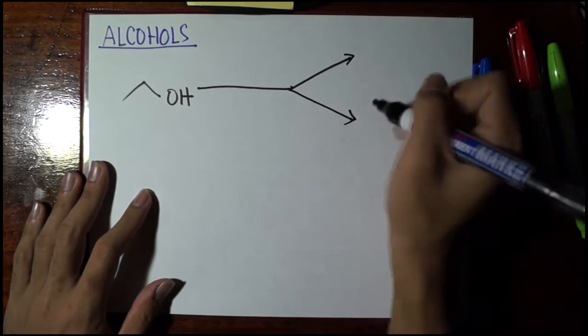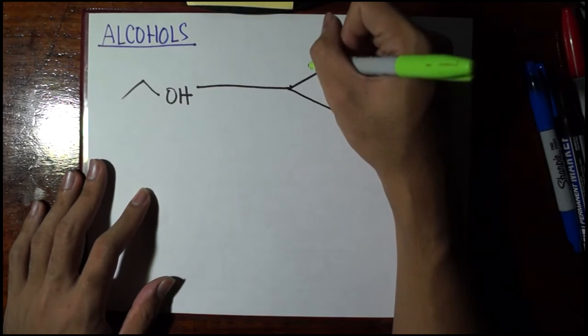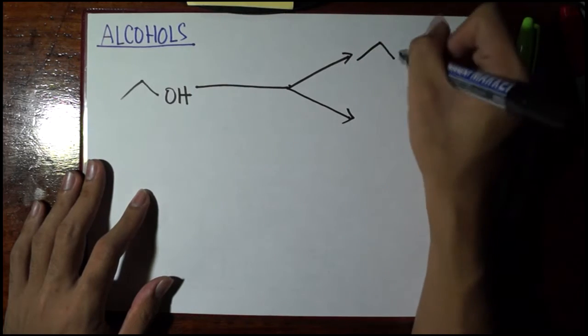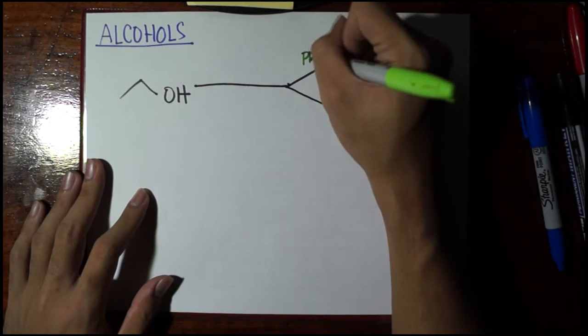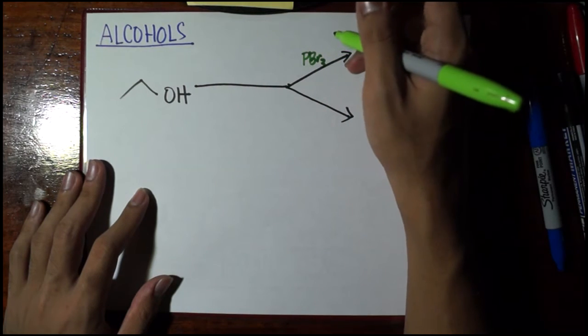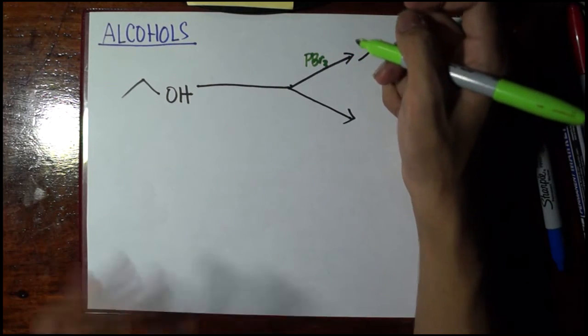As usually stated in the books, if we want to turn an alcohol into an alkyl bromide, we use PBr3 or potassium. No, what potassium? What the hell? Phosphorus tribromide. That's disgusting.